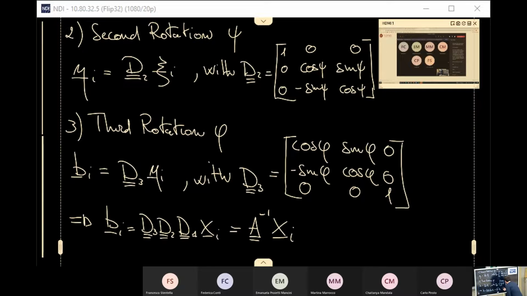Again, so that xi must be equal to A applied over something that lives in the local frame, right?